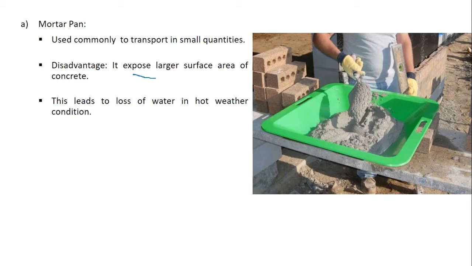So for example, if you are trying to transport concrete in this pan during summer, during hot weather conditions, what happens is the water that is added to this concrete is going to evaporate and leave this concrete. The water that you added for the concrete for the hydration purpose is not going to be there.